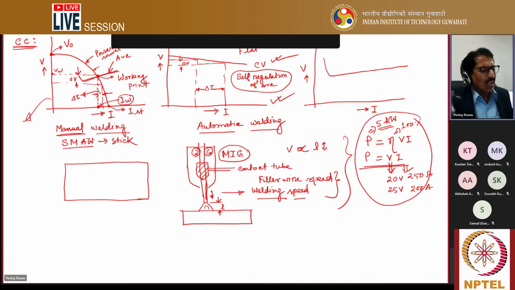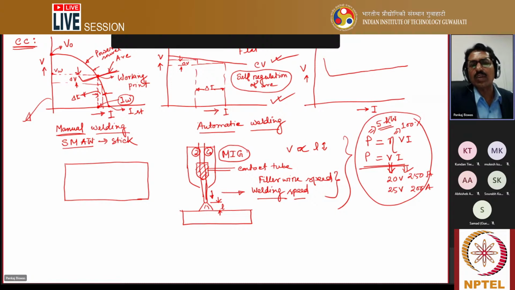Now you see, by these two steps I have told you, you can find out your current and voltage in a very easy way. But some other advanced techniques are also there. So I will suggest you go through my previous course, Fundamental of Welding Science and Technology, where I discuss in detail the physics of welding. There you will find the basic fundamentals of all these concepts in a very clear way.